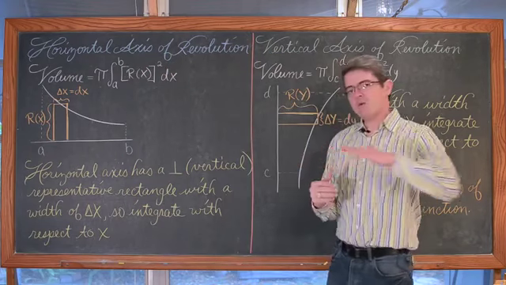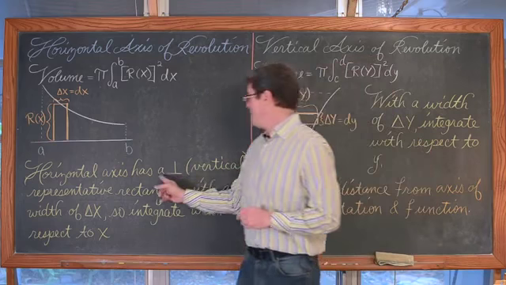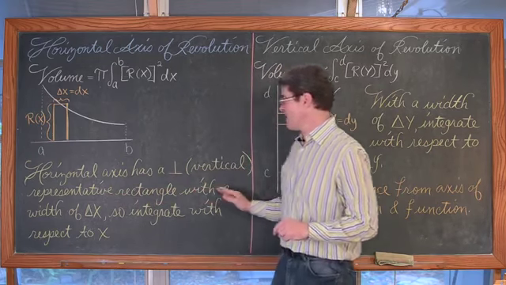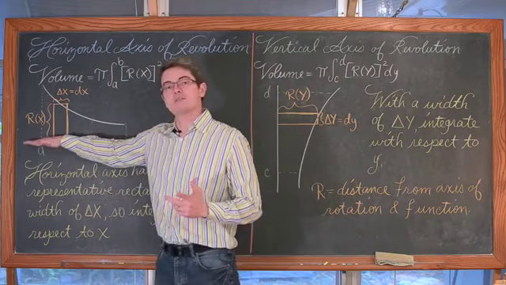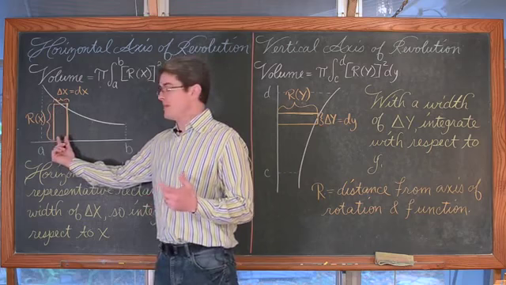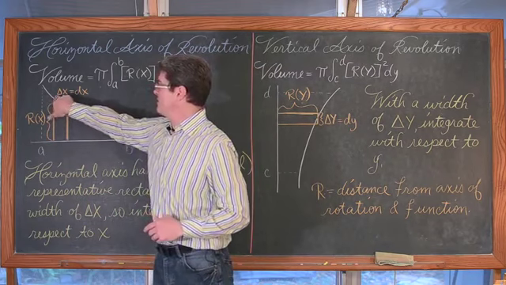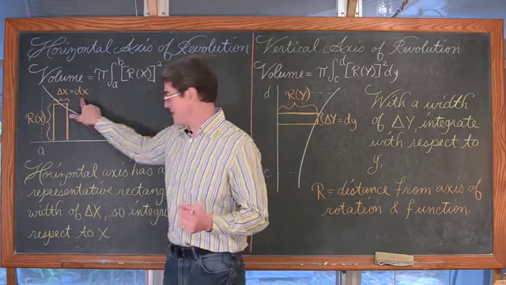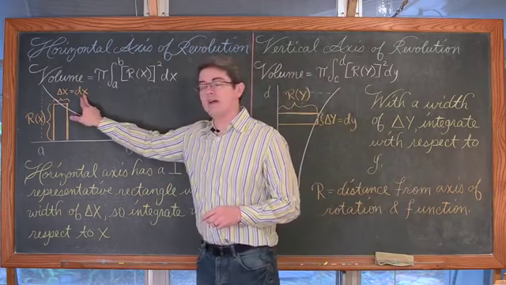If we have a horizontal axis of rotation, then we have perpendicular representative rectangles with a width of delta x. So here is our horizontal axis of revolution, and we'll be drawing those representative rectangles vertically, with a width of delta x, or dx. So we will be integrating with respect to x.